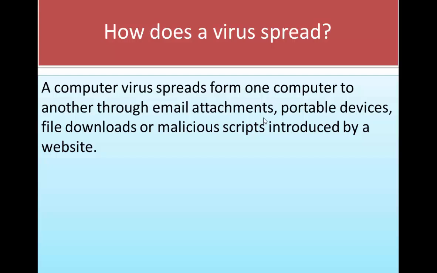Or portable devices, meaning when you are inserting portable devices like your floppy or a pen drive, the virus can also spread from one computer to another computer. Otherwise, when you are downloading a file from the internet, or any malicious script, that can also be downloaded from the website.